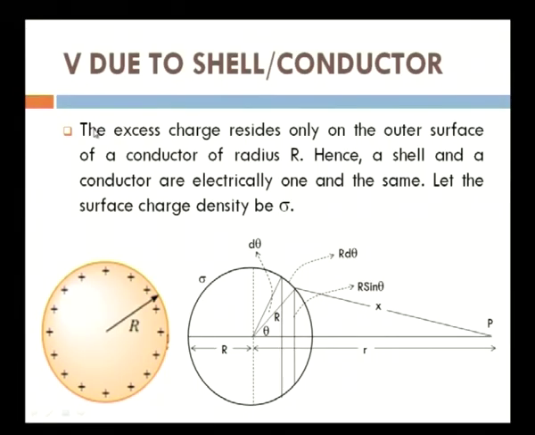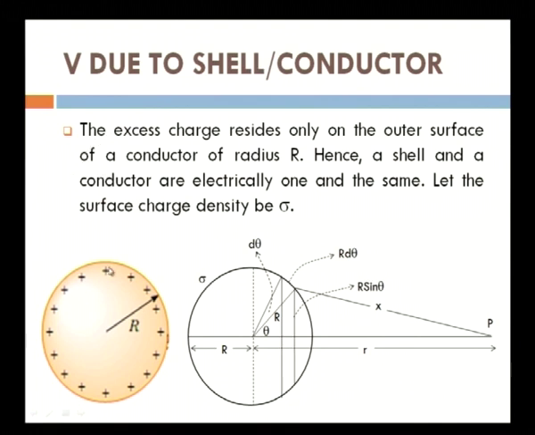As an example, we will take the potential due to a spherical charged conductor. Let us take a charged conductor which is used as a distributed charge to find out the potential due to that distribution. We very well know the excess charge resides only on the outer surface of a conductor.